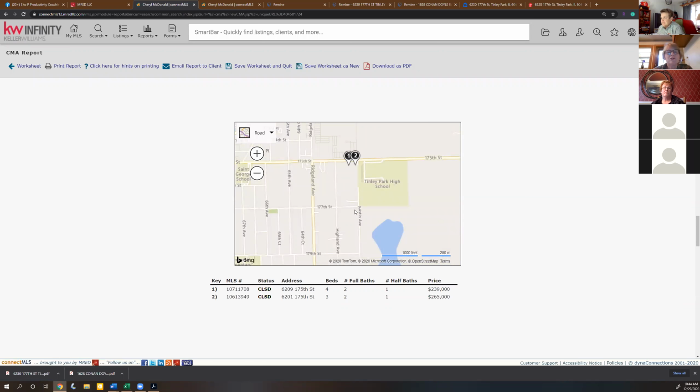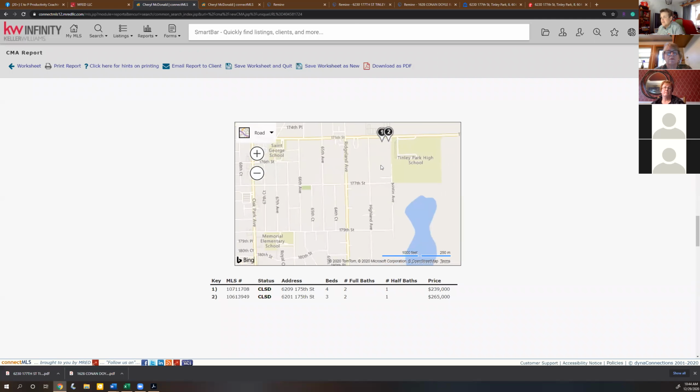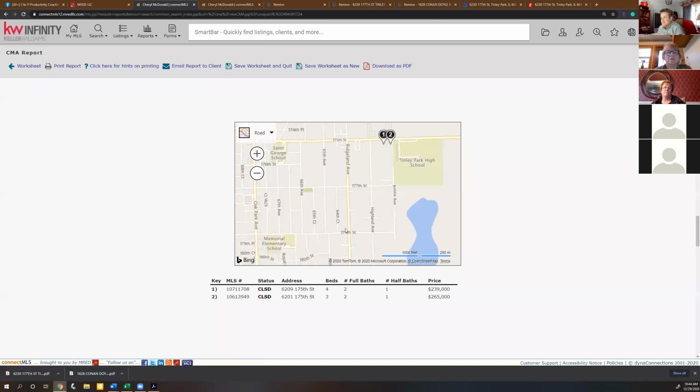They do have the industry across the street though, right? Yep. The high school is right here. 175th is a busy street. It's 2-lane. Again, I could conceivably go all the way to Oak Park Avenue, and we could see what that does.